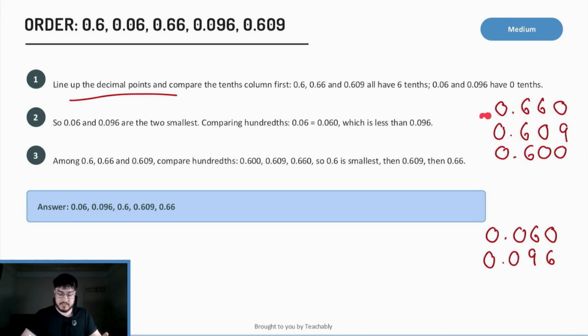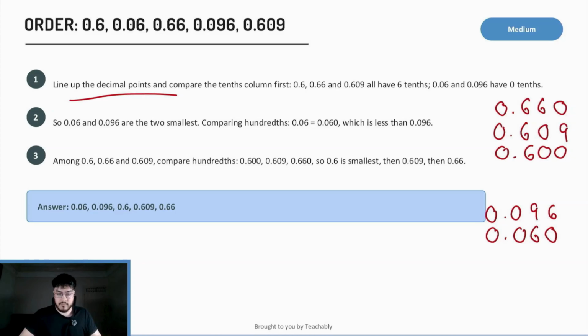So that means this is automatically bigger. And then we can apply the same rule here. If we look at the second column, they both have a number there. Then we look at the digit, because what's a bigger digit, 6 or 9? Well, 9 is bigger than 6, and therefore we know that this decimal is going to be larger than this decimal, so we can move it along.